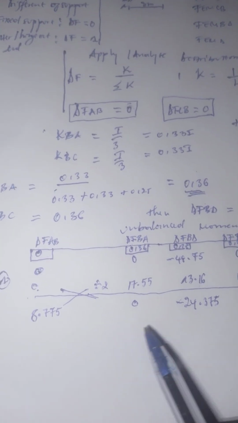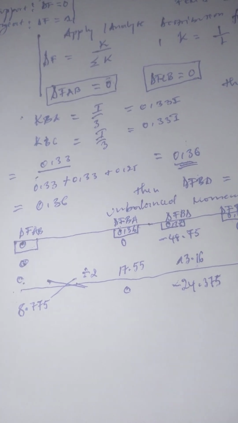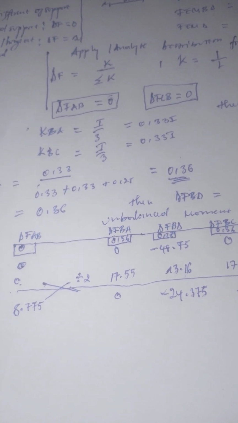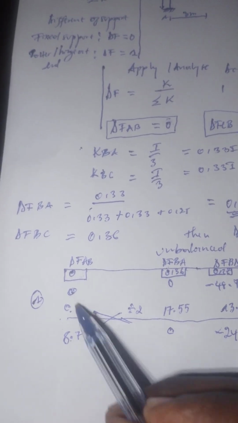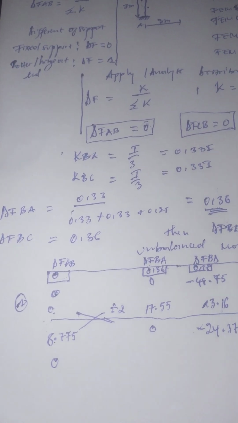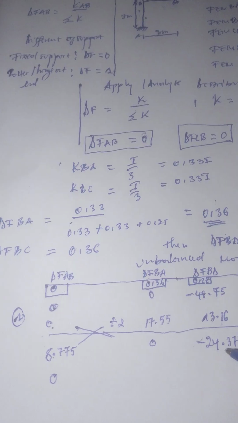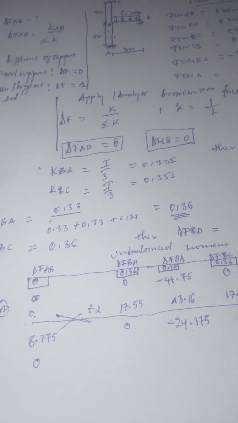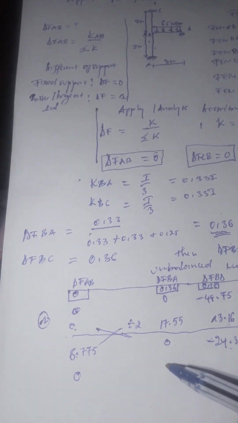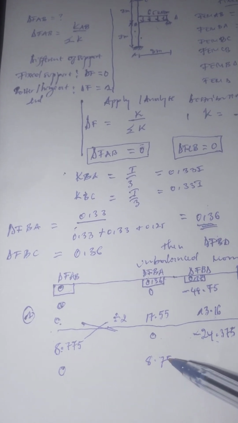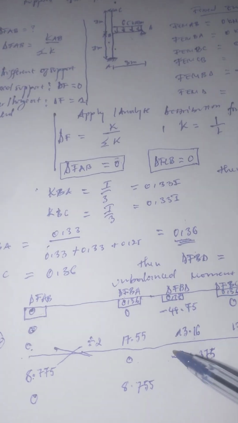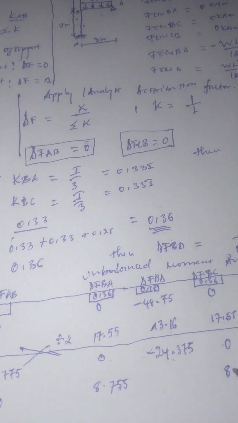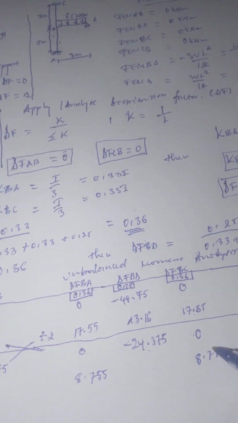After we get that, we multiply this by the distribution factor, where we must have this and times this is equal to 0, and this is equal to 24 as total, then times 0.36, we have here 8.775, because it is negative and we multiply this negative, we get the positive, and here is equal to 8.75.